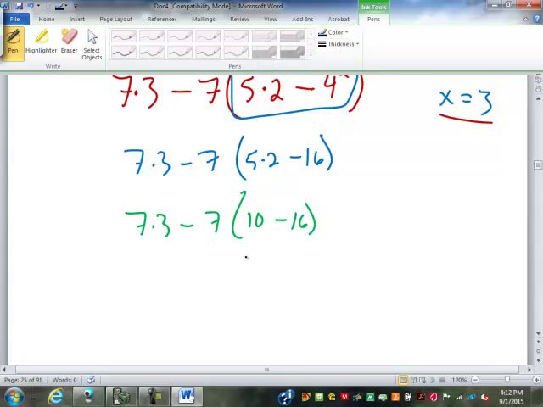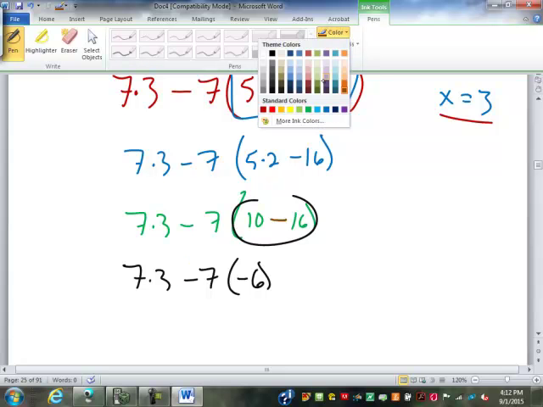And then 10 minus 16 is negative 6. And then? Well, it was subtracting 16 or plus a negative 16. But either way, it will come out to be a negative 6 will be our result.